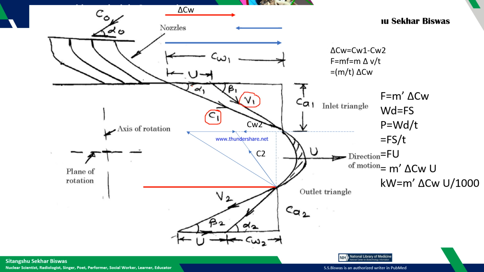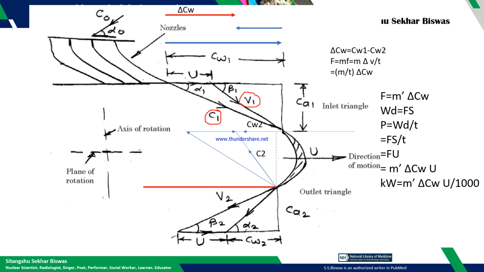Basically, the velocity of the moving blade and the relative velocity of the steam, that resultant will give the absolute velocity of the steam which is entering into the moving blade.